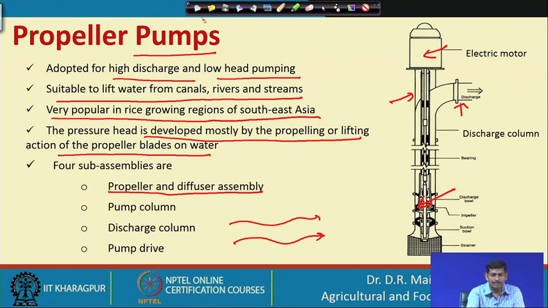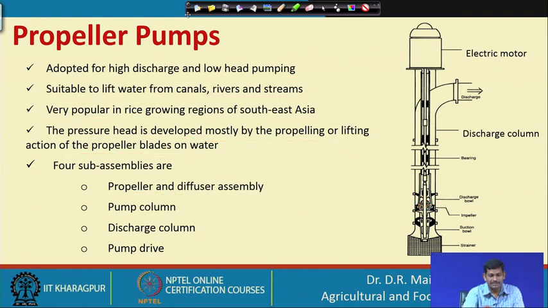So, these are the main parts in propeller pumps. If you see this propeller, what happens? The water, due to the propeller action, will be taken inside, and that will be guided through the discharge column, and then finally it will lead to the discharge.